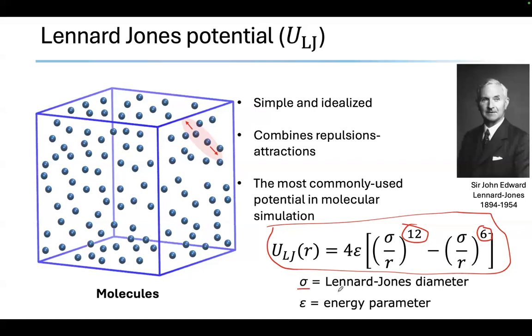One is sigma, which is the Lennard-Jones diameter, which typically you can think of as the diameter of a given molecule. And then you have the energy parameter, epsilon, which is the characteristic energy of interaction between the two molecules.